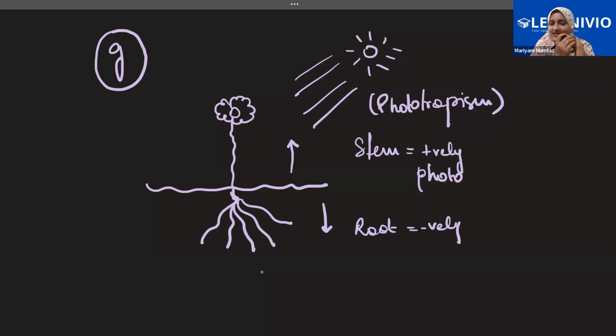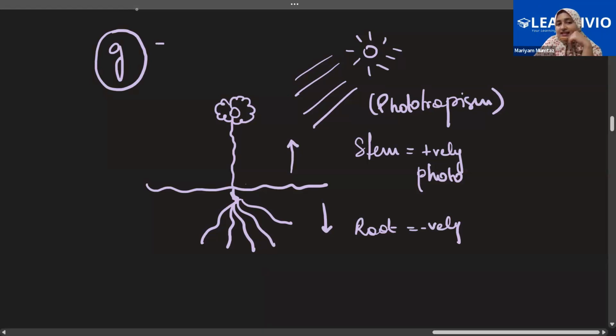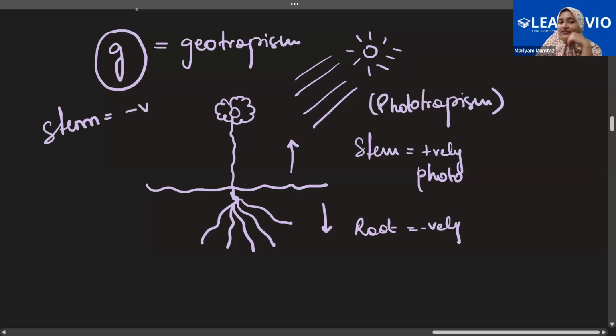Okay. Now, in terms of root and stem, what do you think? Is the stem against the gravity or towards the gravity? Against. And what about the roots? Against the gravity or towards the gravity? Towards. So now see, the stimulus that is gravity, we'll call it geo. And we are talking about tropic movements, so geotropism. If we talk about the stem, would they be positively geotropic or negatively geotropic?